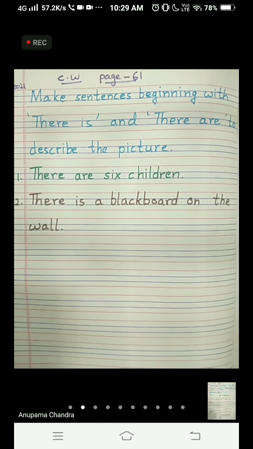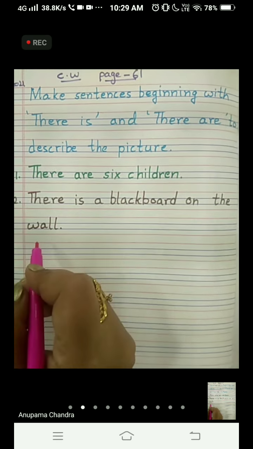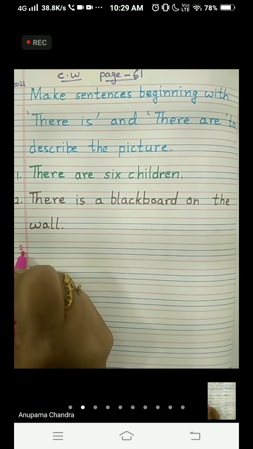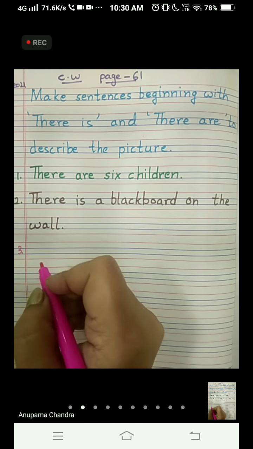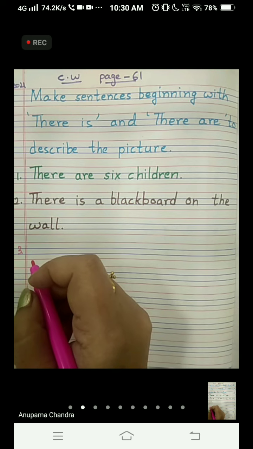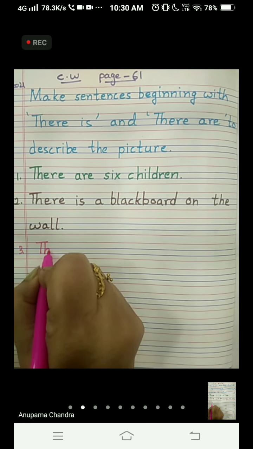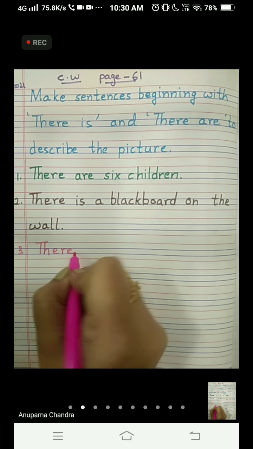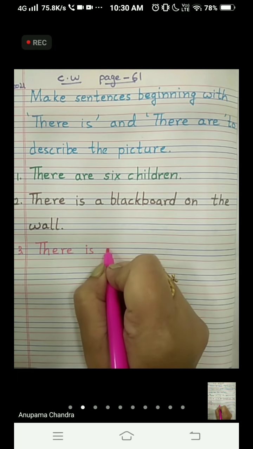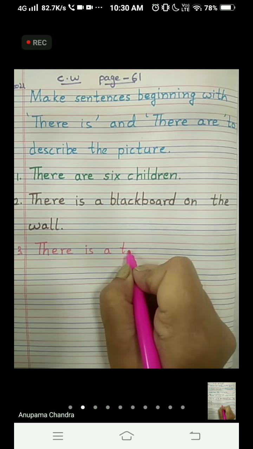So, third one, we are going to write there is a teacher. There is a teacher.